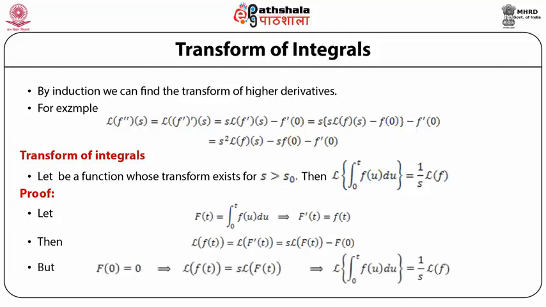But capital F of 0 is 0, which implies Laplace of small f of t is equal to s times Laplace of capital F of t, or we may say Laplace of {integral from 0 to t of f of u du} is equal to 1 by s times Laplace of small f. Hence, the theorem is proved.